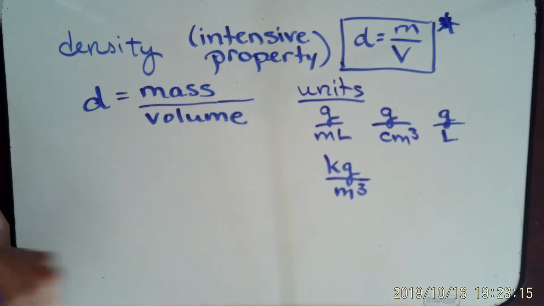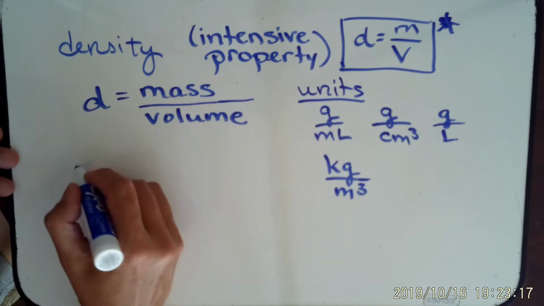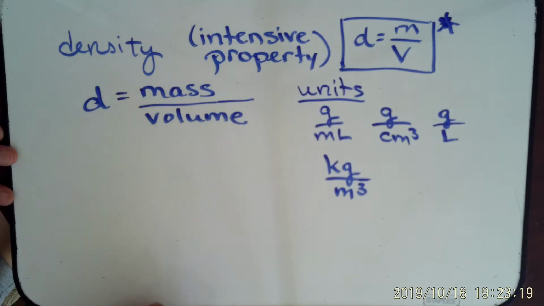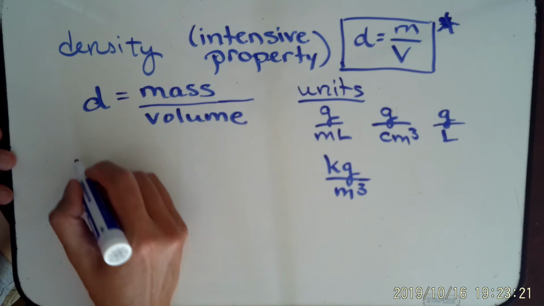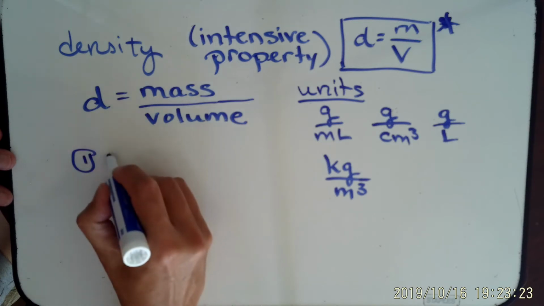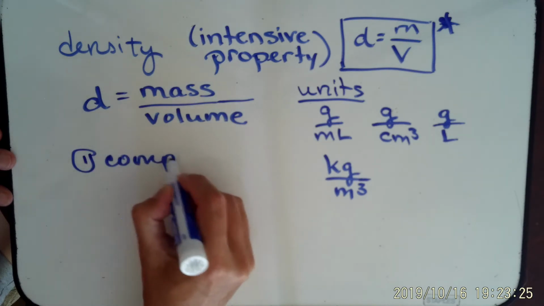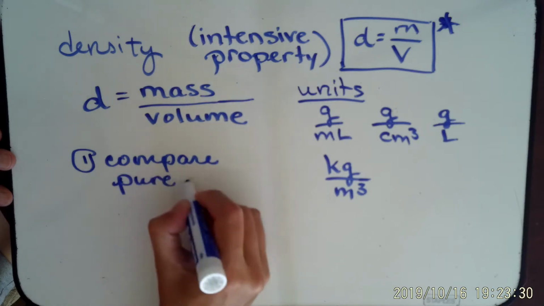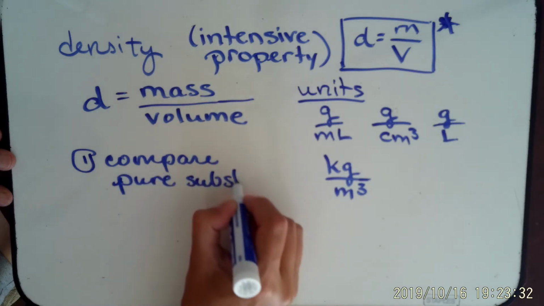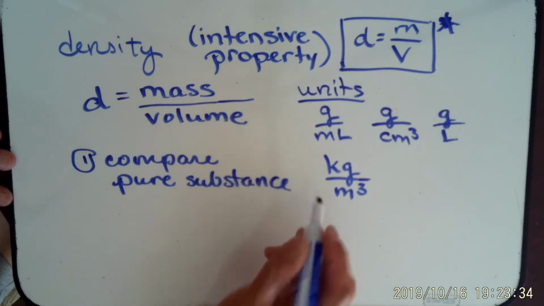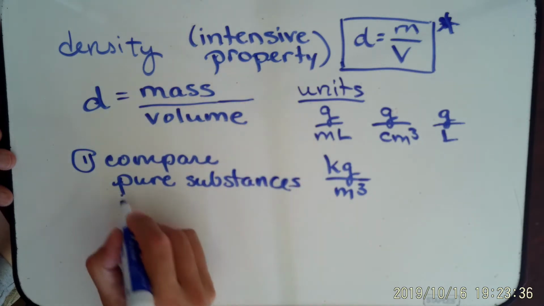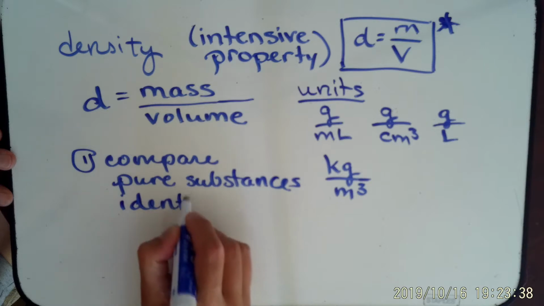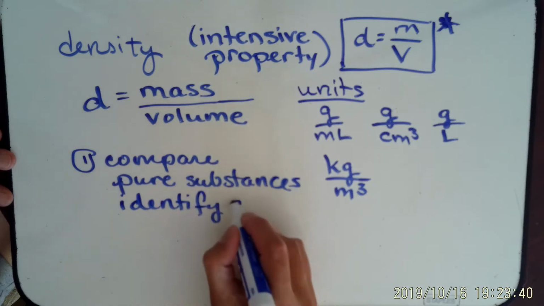Okay, when we use density, we can use density for several different functions. One, we can compare to tables of pure substances to identify an unknown.